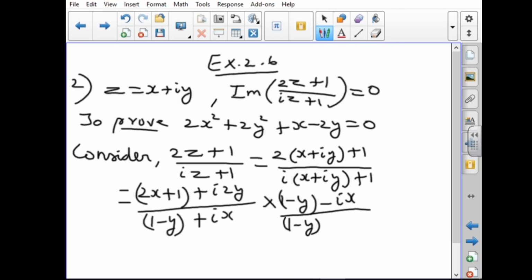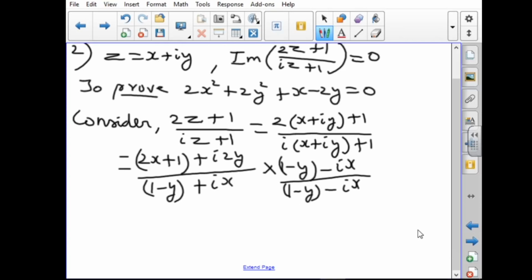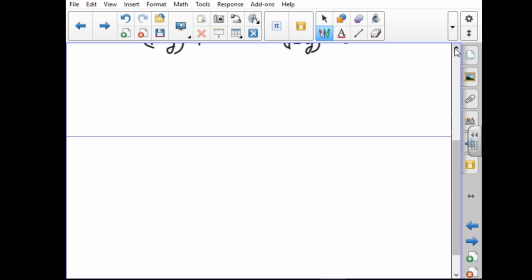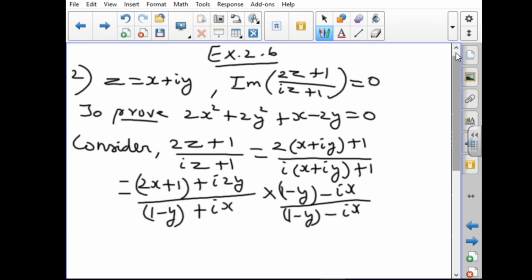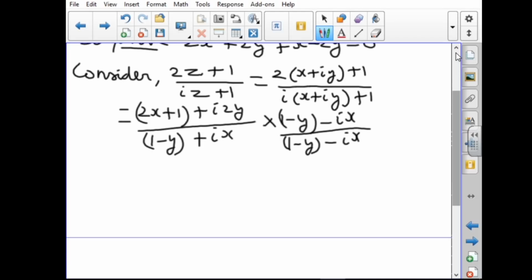Now we will multiply the numerator, as we have seen already how to multiply.